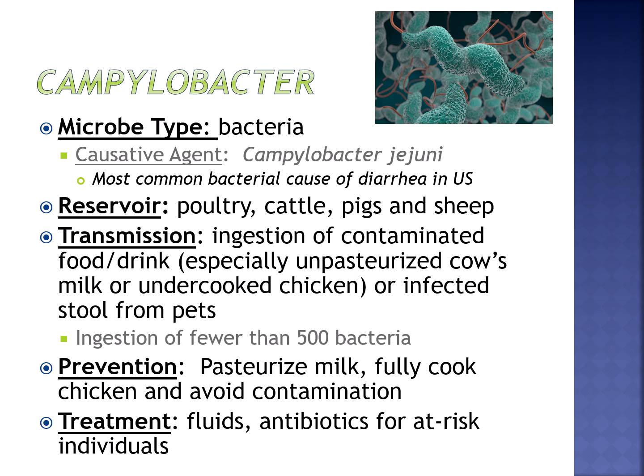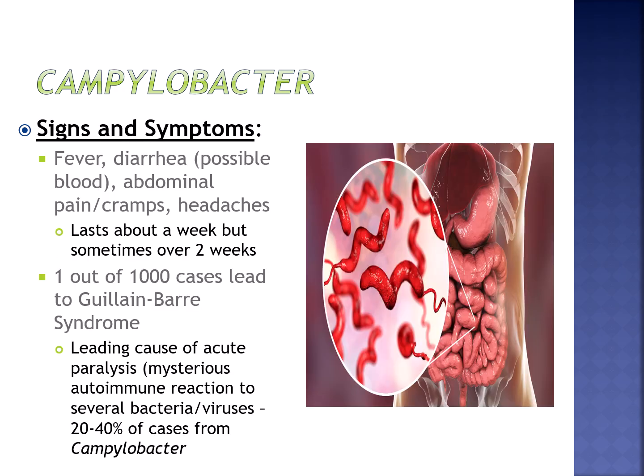But we don't usually treat this with antibiotics if we can help it. Okay, some signs and symptoms that we might see with Campylobacter are fever, diarrhea, possibly blood in the diarrhea, abdominal pain and cramps, which is again very normal for a diarrheal infection. But we also see headaches that could last a week, but sometimes over 2 weeks for these various symptoms.